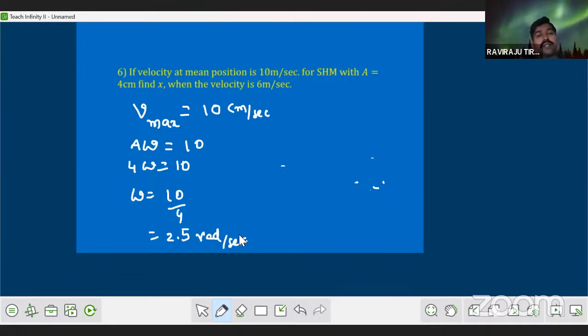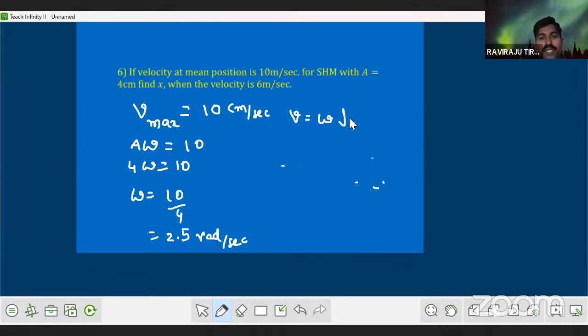But what is the question here? They're asking us to calculate the x value at some different velocity. When x changes, velocity decreases. At mean position, maximum velocity is given. At other positions of x, there will be some less velocity. What is given as that less velocity? 6 centimeter per second. Now, what is the general formula for velocity in simple harmonic motion?